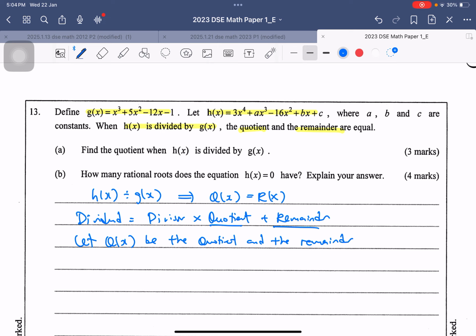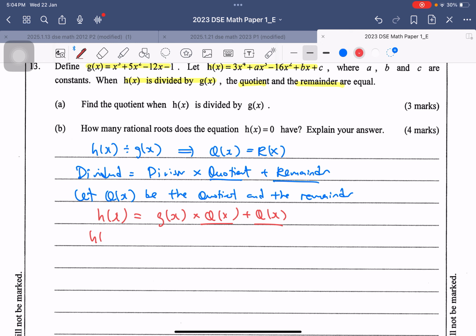Then h(x), the dividend, is equal to the divisor g(x) times q(x) plus q(x). Now we can take out q(x) as the common factor. Then h(x) is equal to q(x) times (g(x) plus 1).